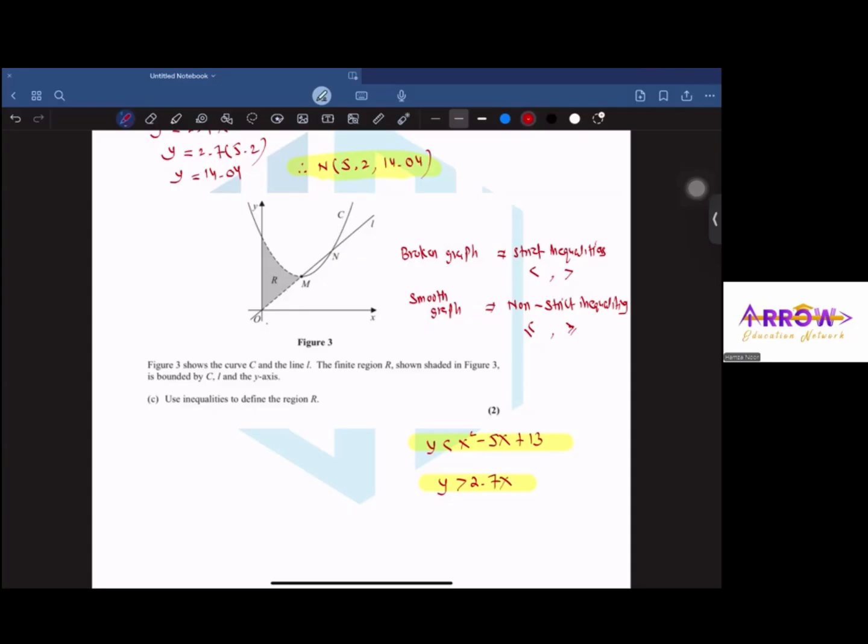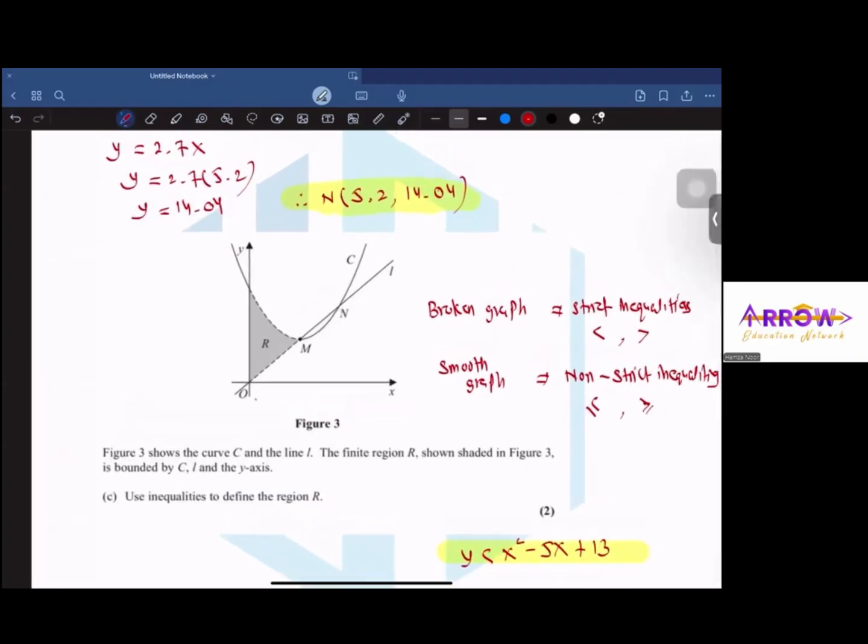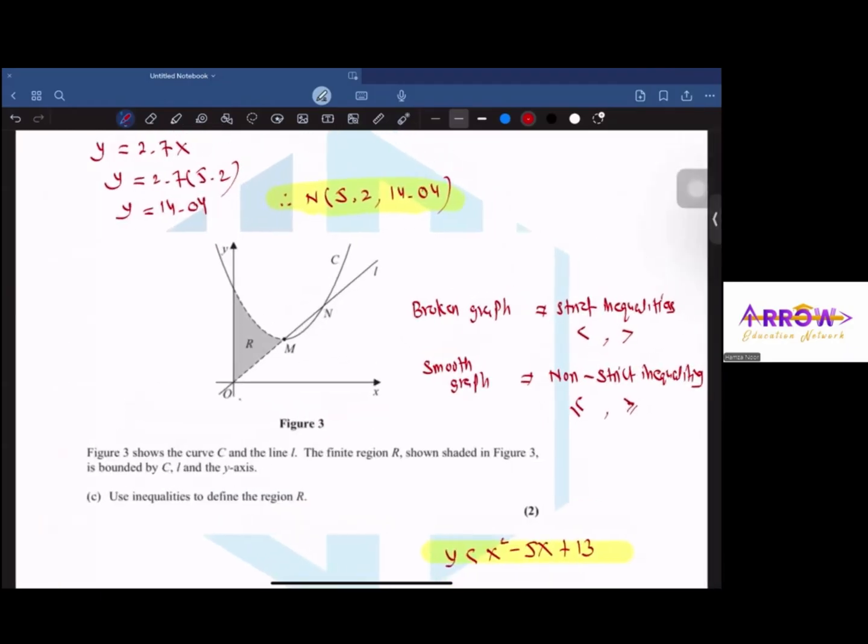Considering all of these statements, we can also say that since region R is below the curve and above the line, region R should be this one as well. But over here, this part is not shaded, isn't it? If the inequality was that it is below the curve, above the line, and x is greater than or equal to 0, we would be supposed to shade this region as well, right?